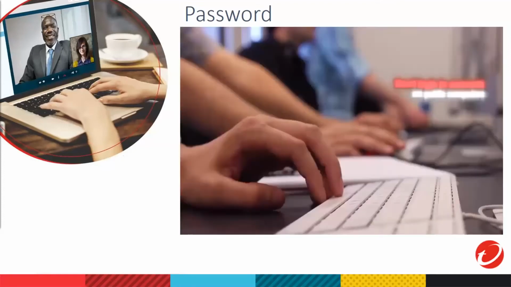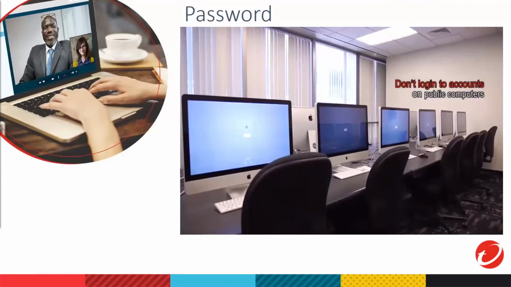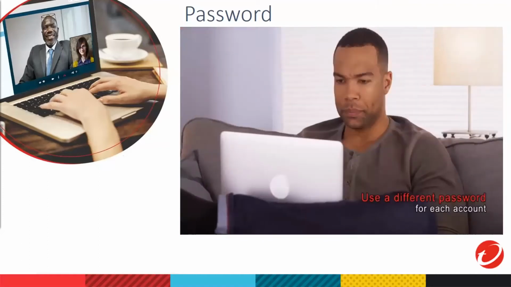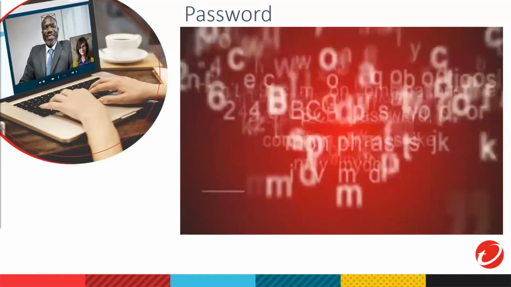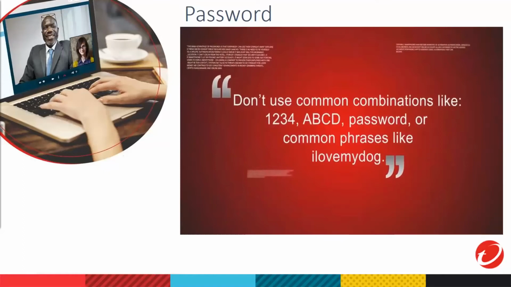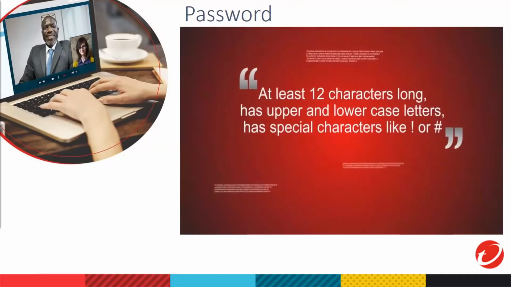Don't log into any private accounts on public computers at libraries, hotels, or common work computers. Remember to never store passwords in any web browser, even on your personal computer. Use a different password for each website account you create. And don't use common combinations like 1234, ABCD, or password, or phrases such as I love my dog, or simple names like Duke. When creating a new password, make sure it has at least 12 characters, includes both upper and lowercase letters, numbers, and special characters like exclamation mark or hash.